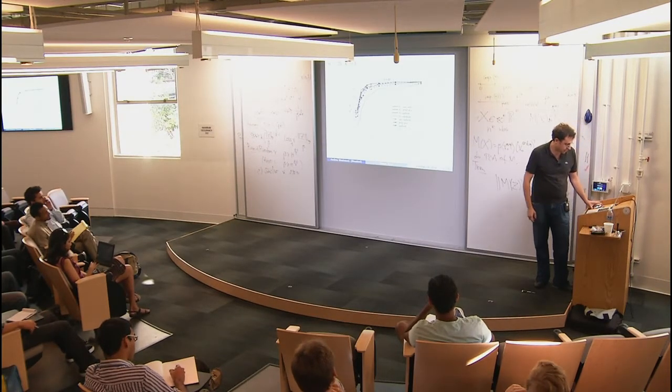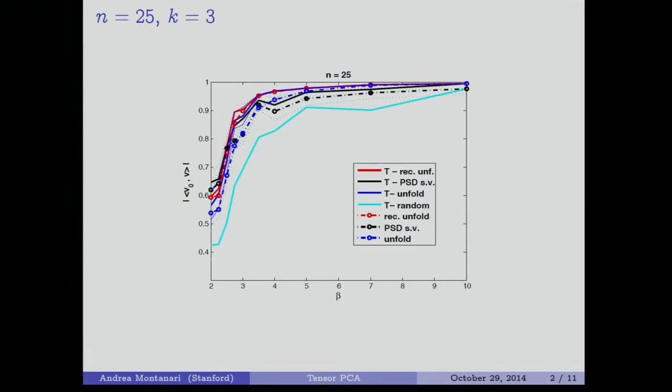Okay, so what I'm plotting here is curves of the scalar product versus beta for different algorithms. The light one is just plain power iteration with random initialization, and this dotted blue one is just plain unfolding, and then there are a bunch of others. For instance, here we do unfolding, but then we project on the PSD cone, enforcing that the principal component is in the PSD cone.